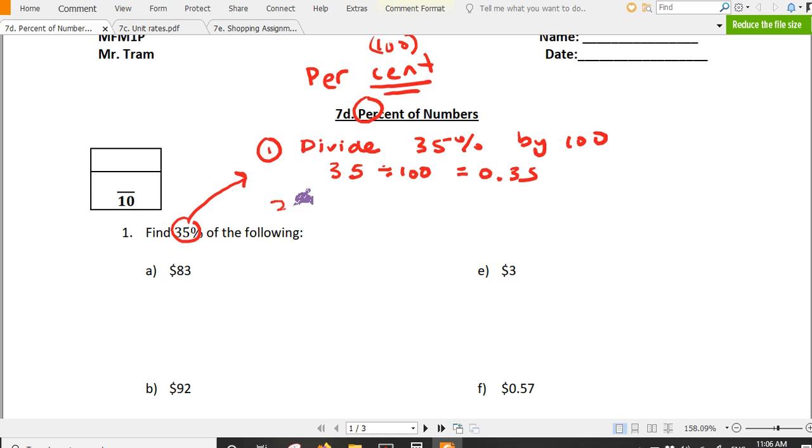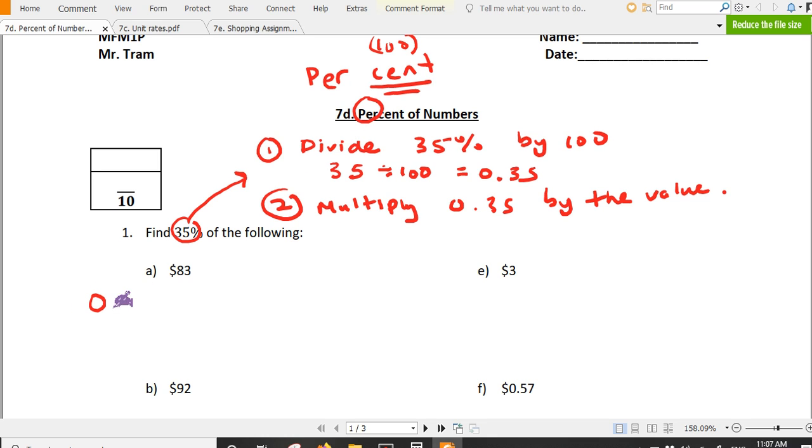Okay, number 2, multiply 0.35 by the value. Okay, so in this case, I want to find what 35% is of these following values. So, all I do is divide 35 by 100 to get 0.35.